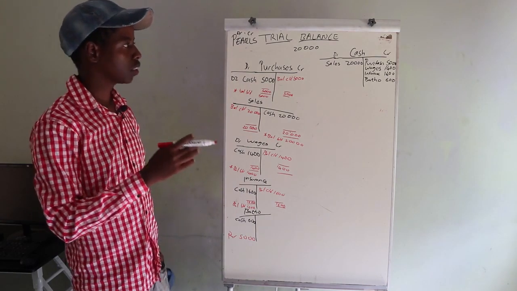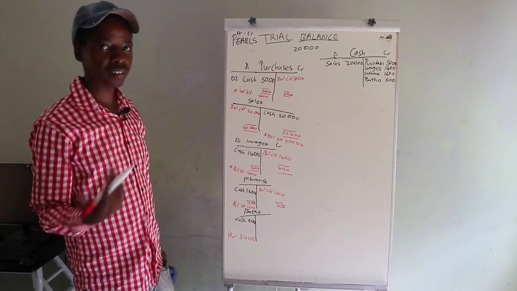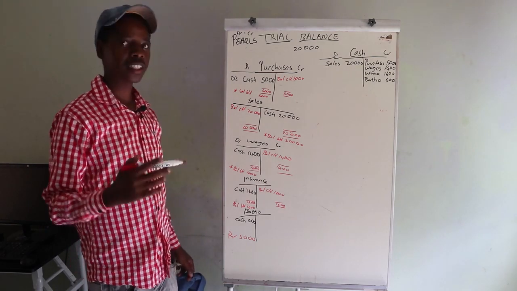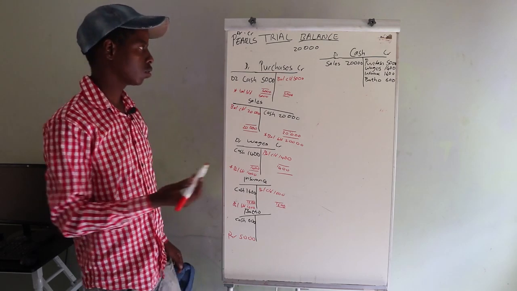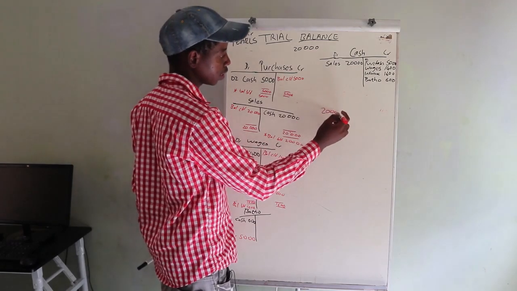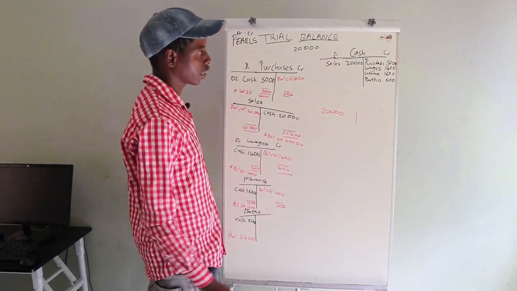Now we can see that we have two sides, right? They both have figures, right? We add the right side and the left side, then we pick the one with bigger number, right? So here we know we have 20,000. Then let's try to add on our right.